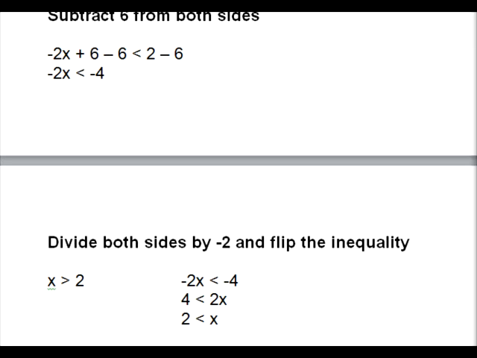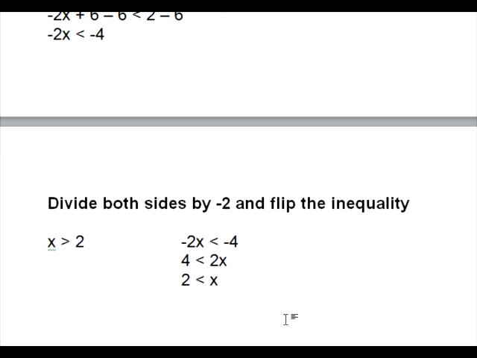All right, let's try a few more examples here. Example 3. We're going to say 15 is less than negative 3 times (x plus 1) is less than 21.